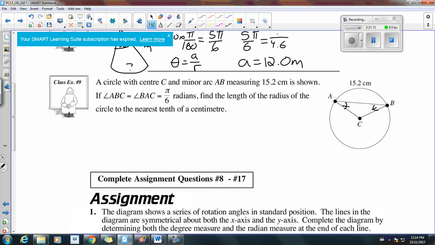So the first thing we need to do is figure out this angle, because that is the angle that we need to calculate the radius, to use our formula for arc length relating radius to the angle. Well, we know that a triangle adds up to 180 degrees. We know in radians 180 degrees is equal to pi.